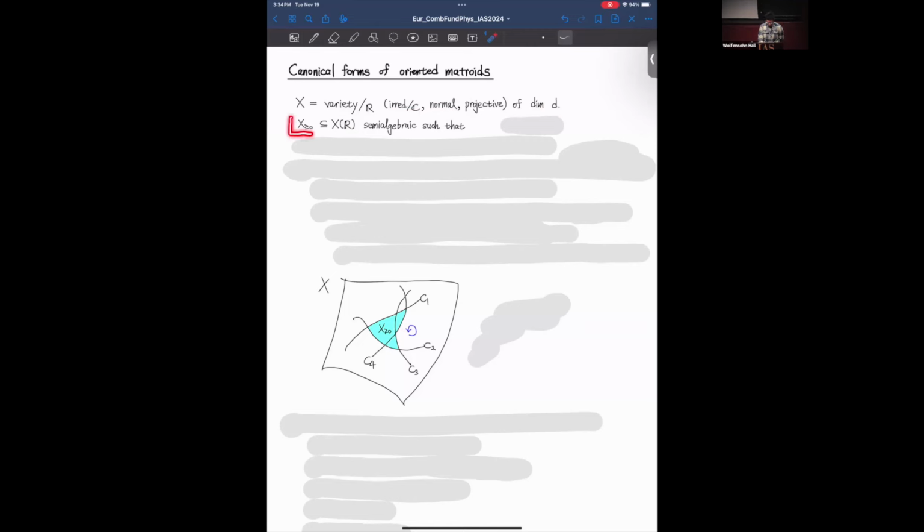Let's call this the non-negative part. So there's a choice of a semi-algebraic subset satisfying one somewhat mild condition, that when I take the interior of this semi-algebraic subset, it's an oriented, full-dimensional real manifold. So there's also a choice of the orientation for that part.